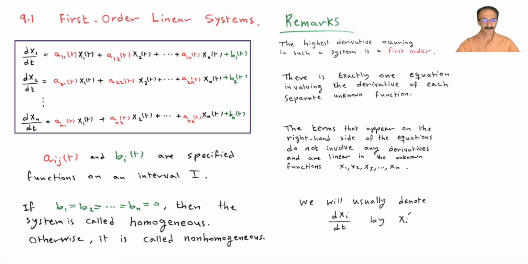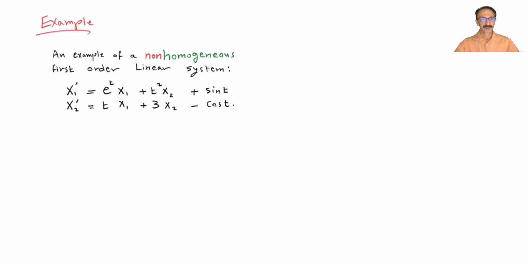Here's an example. This is a non-homogeneous first order linear system. x1 prime, x2 prime, that's dx1/dt, and that's dx2/dt. This is b1, this is b2.